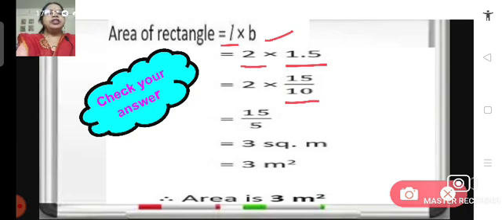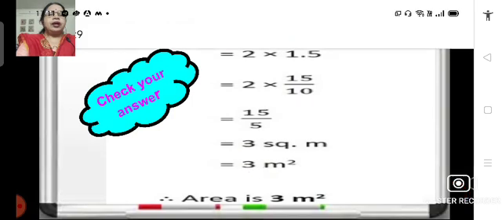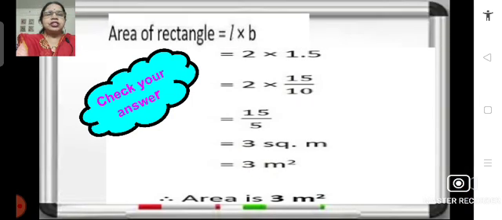And when we solve it, we get 15 upon 5, and 15 upon 5 will be equal to 3. So 3 square meters or 3 meters square is the area of this rectangle. Please check your answer. If your answer is right, then congratulations, it's very good. And if you have any mistakes, please rectify the mistakes.